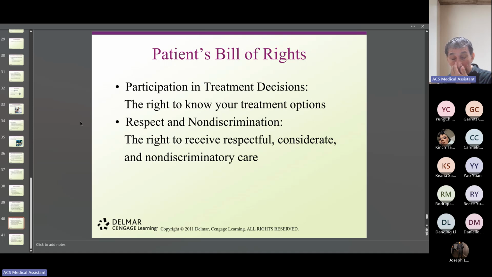Non-discrimination. Well, that's unfortunately personal. That depends on each of the medical providers, but you should be free of discrimination based on all the things that I've been mentioning before: race, gender, sexual orientation, religion, mental or physical disabilities.